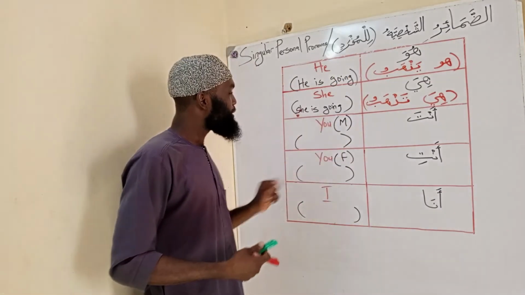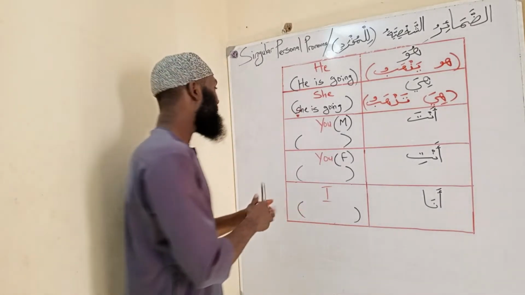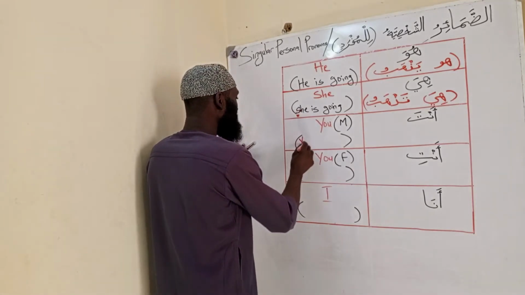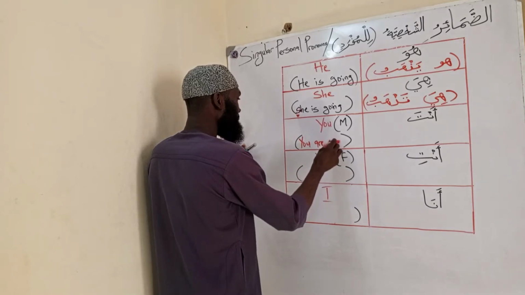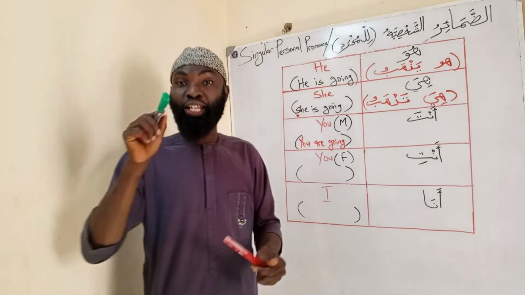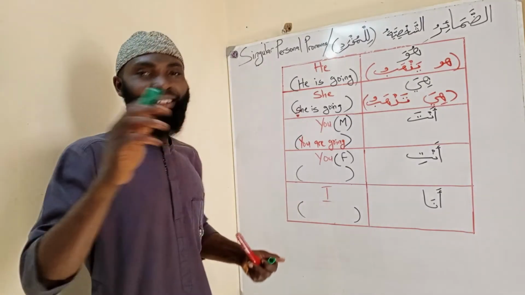MashaAllah. Now let's move on to you, for a male singular. You're talking to somebody, you. In English, you can say, you are going. While in Arabic, if you are talking to a male and you want to say you are going, it is very easy.